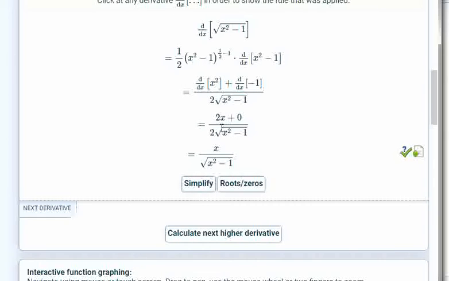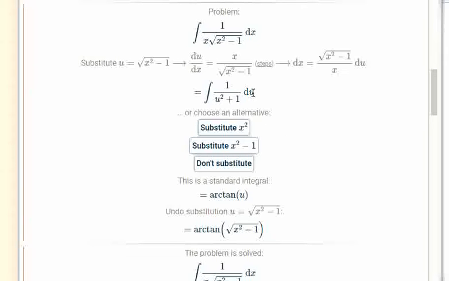So the 2's cancel out, and you get x divided by the root of x squared minus 1.